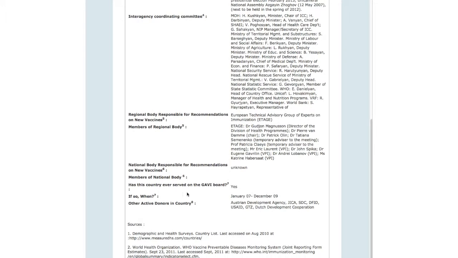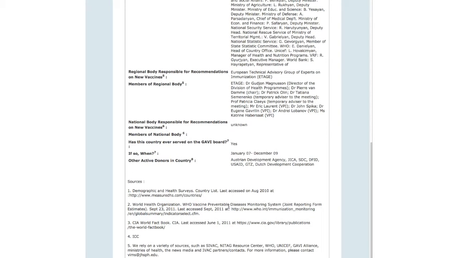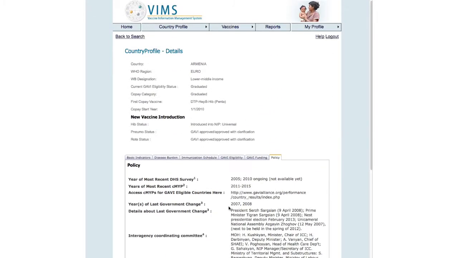In the policy tab, it also lists the interaction with the Gavi board and when they were on a Gavi board, as well as other active donors in the country. Like all other tabs, the sources are available below.